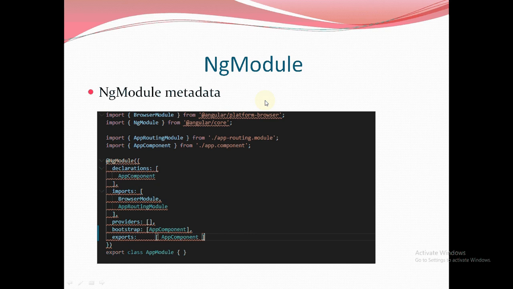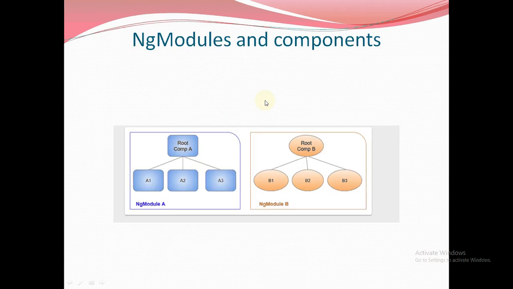In modules we can see how they would look in an application, the relation between modules and components. If you see here, I have two modules, root module A with component A, and root module B with component B. Inside those there are different components like A1, A2, A3, B1, B2, and B3.